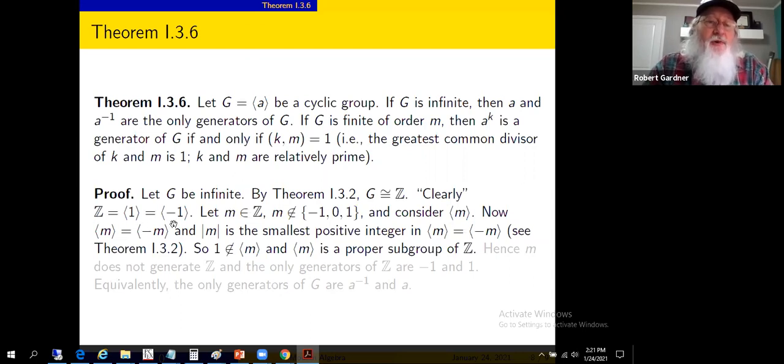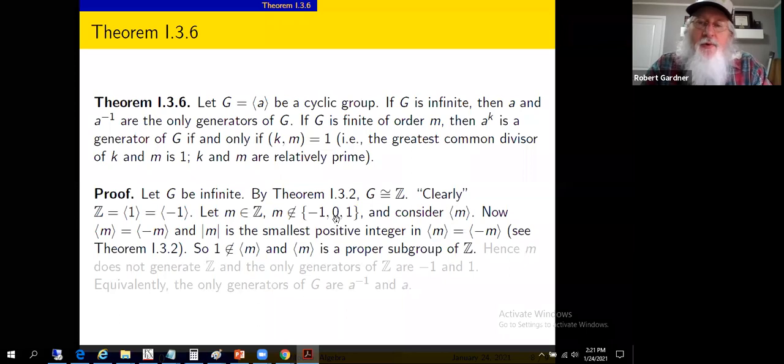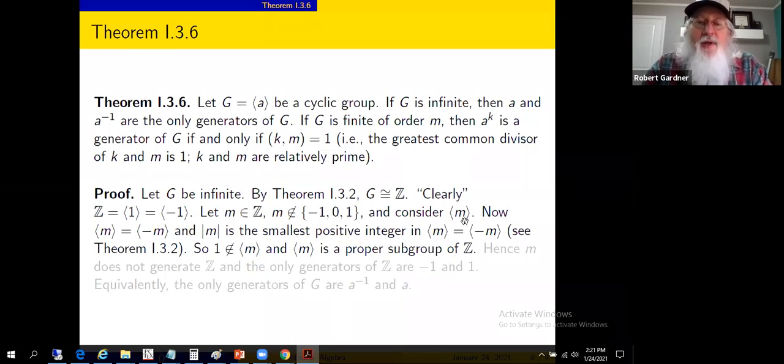Certainly the integers are generated by 1 and -1. If we choose something other than 1 and -1, and 0, if I choose 0, I get nothing generated, the trivial group. Consider the group generated by M, when M is something other than those three things. The absolute value of M is the smallest positive integer in this group, so it doesn't include 1.